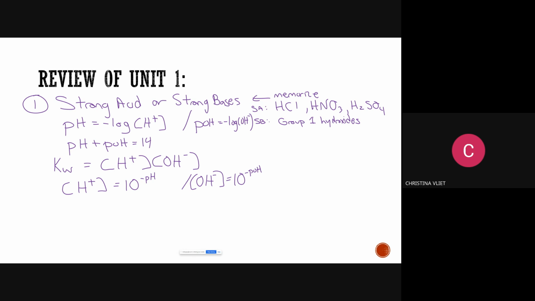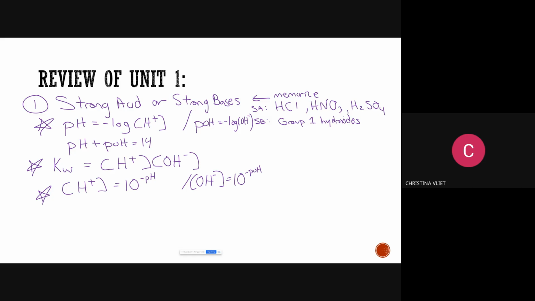You can technically solve everything with this formula and that formula. Just those three. You can solve everything. However, the math might require more than one step. So the pOH is kind of like a bypass to make some of your math easier. And so it is up to you whether you decide to use pOH or not in your calculations. You won't be counted wrong if you do, as long as your chemistry is correct.